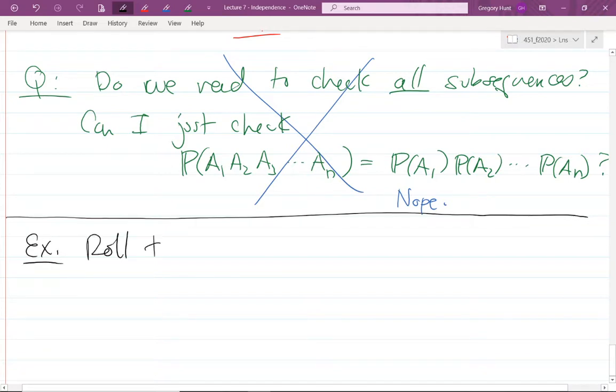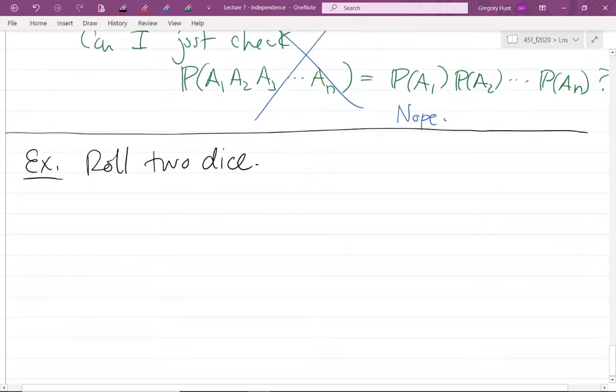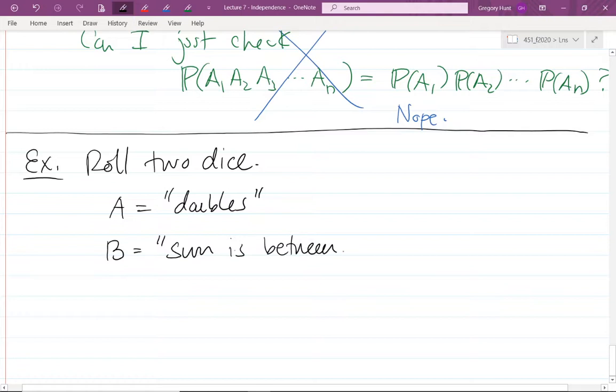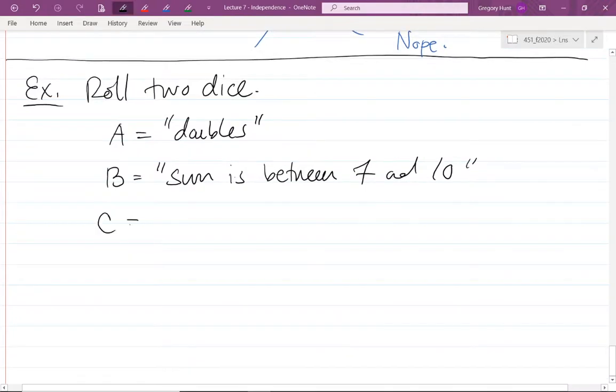Roll 2 dice, my favorite experiment here, and let the event A be the event I get doubles, B be the event that the sum of the 2 dice is between 7 and 10 inclusive, and C be the event that the sum is 2, 7, or 8.